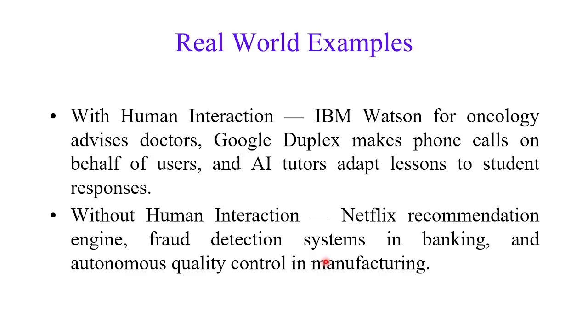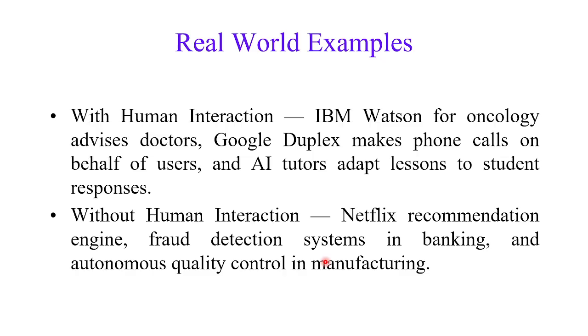Now, we'll discuss some real world examples. First, we'll talk about those with human interactions. IBM Watson for oncology is a system that advises doctors on cancer treatment. It's not making the decisions alone, it's engaging the medical professionals, explaining its reasons, supporting human judgment.